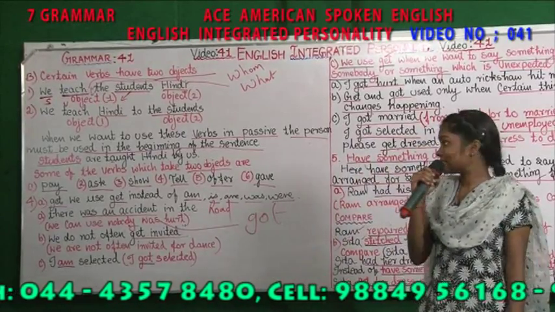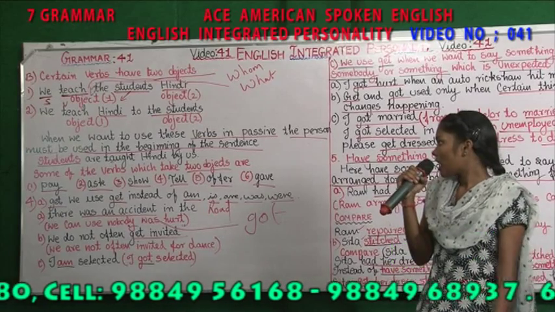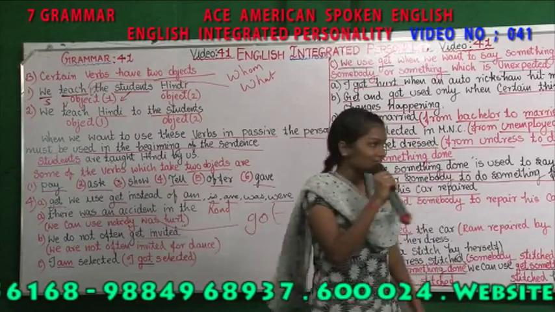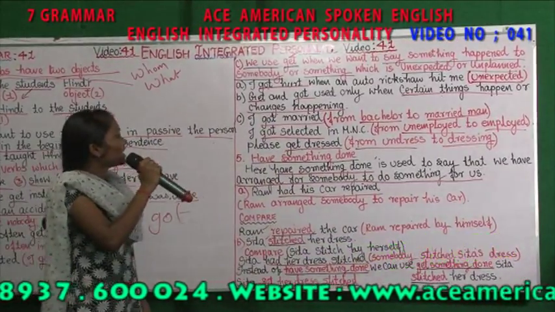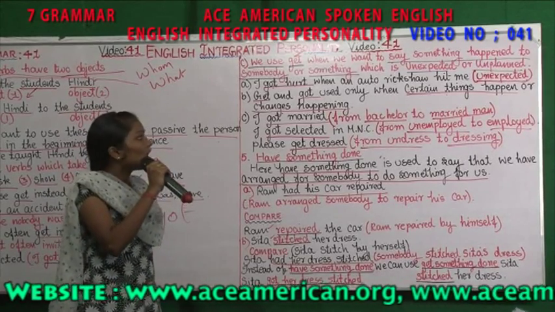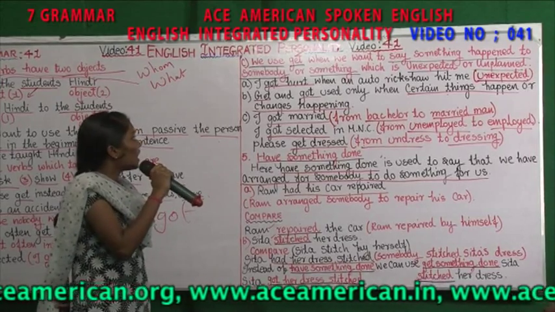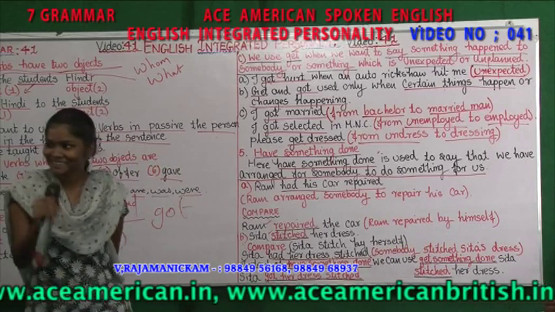We use get instead of am, is, or are. We use get and got. I'm selected, I got selected. We use get for something unexpected or unplanned. We use got for hurt and get only. Thank you.